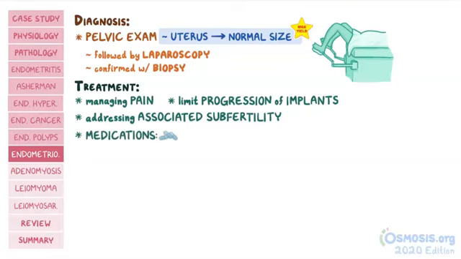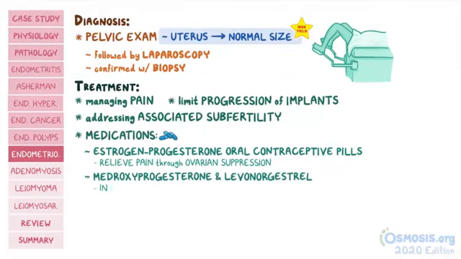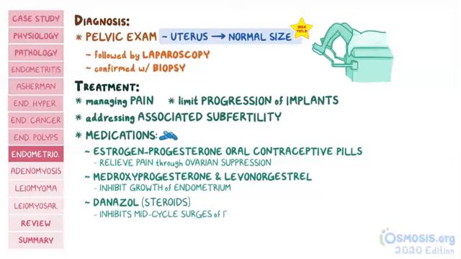Common medications that are used to treat pain include combined estrogen-progesterone oral contraceptive pills, which relieve pain through ovarian suppression, progesterone analogs like medroxyprogesterone and levonorgestrel, which inhibit growth of the endometrium, danazol, which is a steroid that inhibits mid-cycle surges of follicular-stimulating hormone and luteinizing hormone, and gonadotropin-releasing hormone modulators, which cause a decrease in estrogen levels.